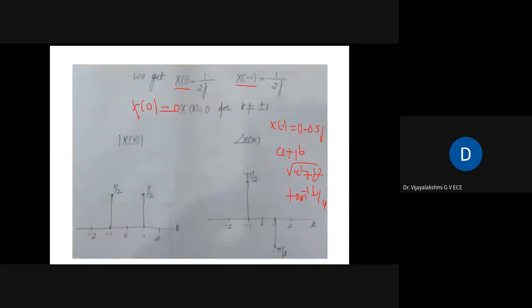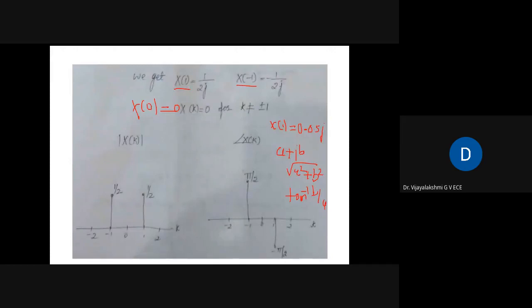Using this you have to find out for x of 1 what is the magnitude and what is the phase. So for x of 1 the magnitude is 1 by 2 and the phase is pi by 2, and for x of minus 1 the magnitude is 1 by 2, the phase is minus pi by 2. So that we have plotted. This is the magnitude spectrum, magnitude versus k.